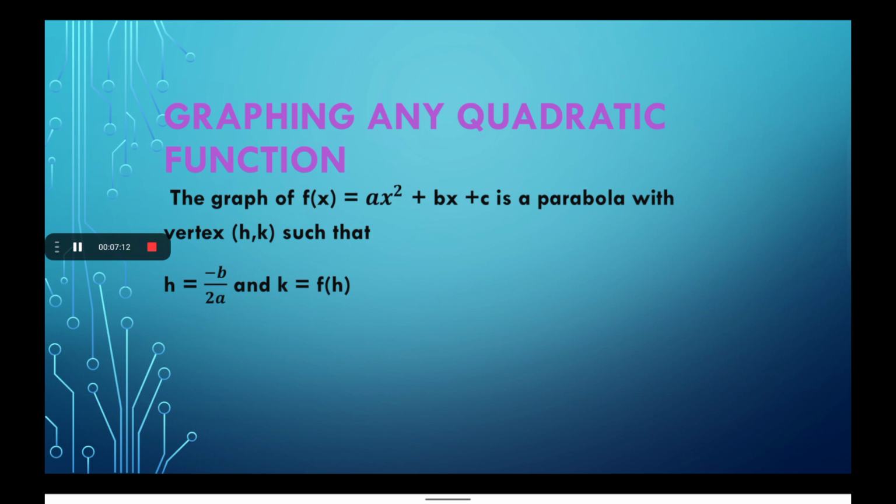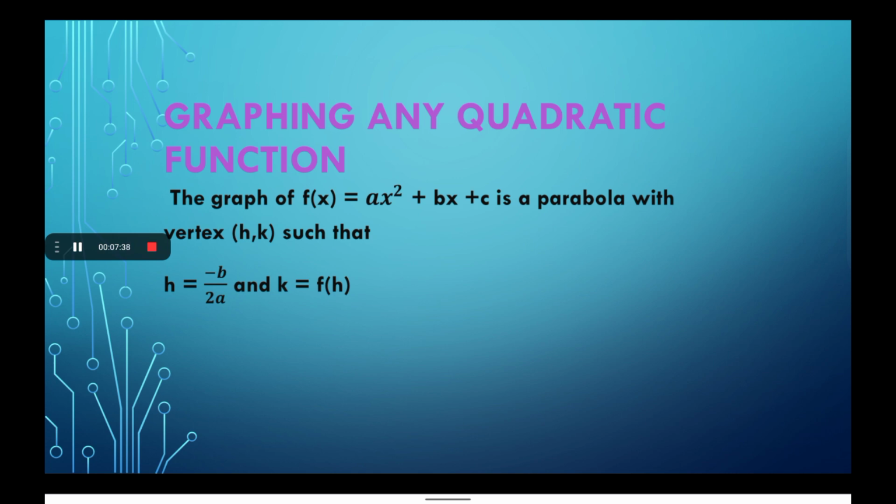Sometimes the vertex is unknown and we need to identify it. If they don't give any vertex, maybe the question will be only this equation, and we need to identify the vertex of it. If the vertex is unknown, there is one formula: h equals minus b by 2a and k equals f of h.